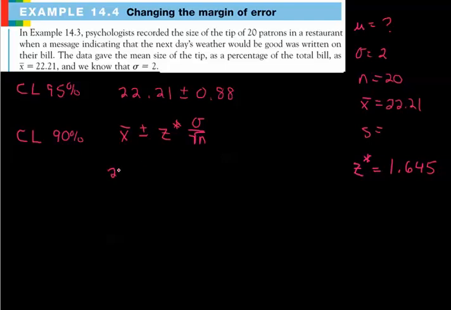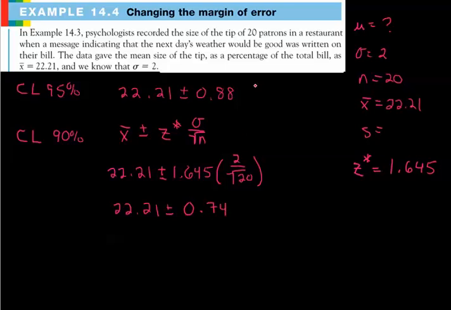We have 22.21 plus or minus 1.645 times 2 over the square root of 20. When we do this out, we get 22.21 plus or minus 0.74.